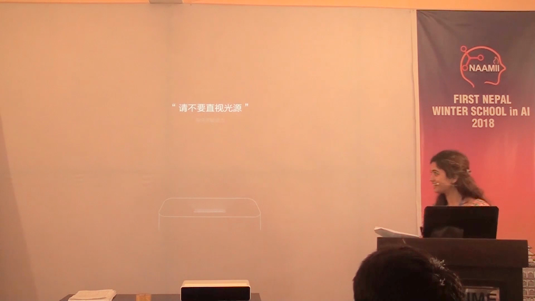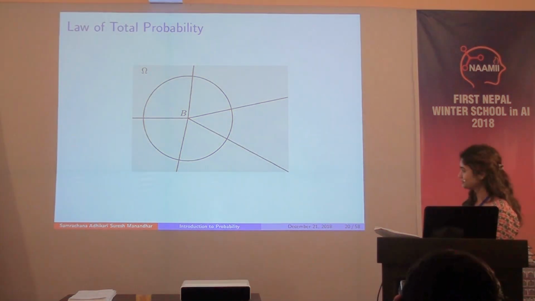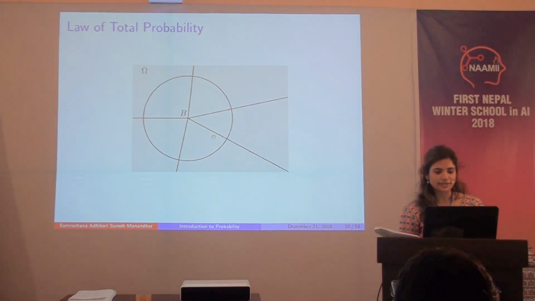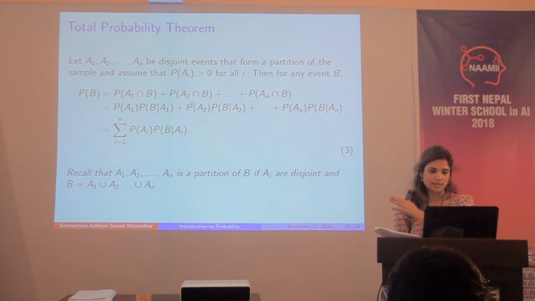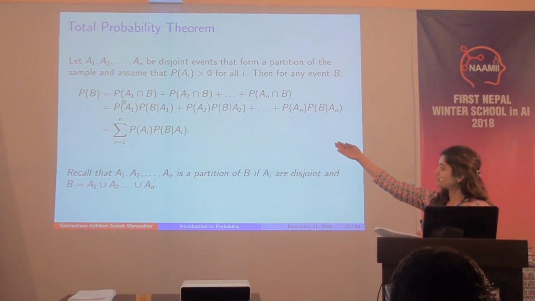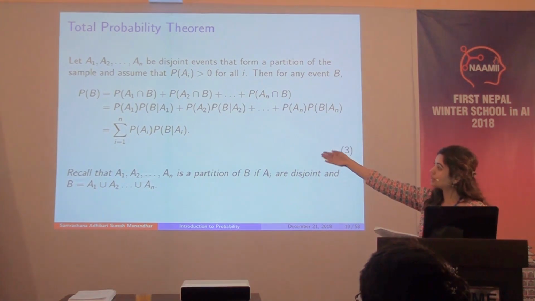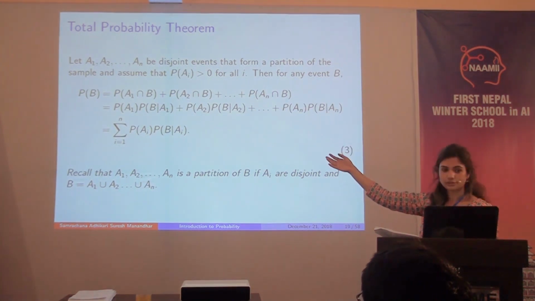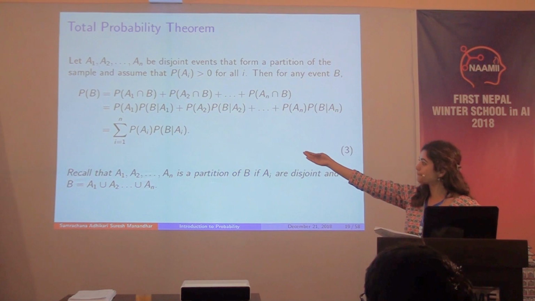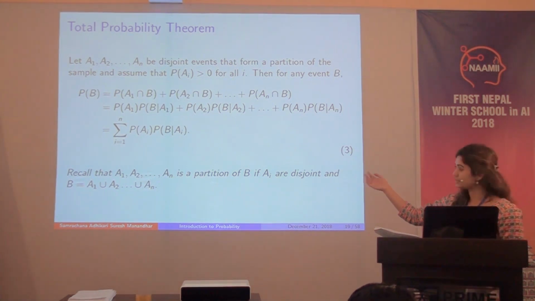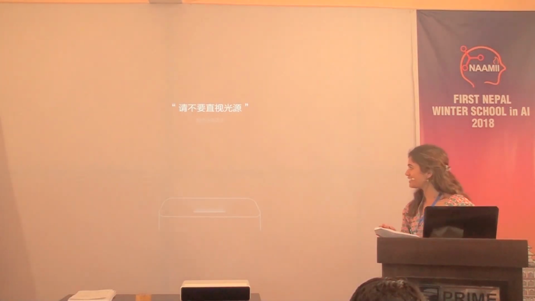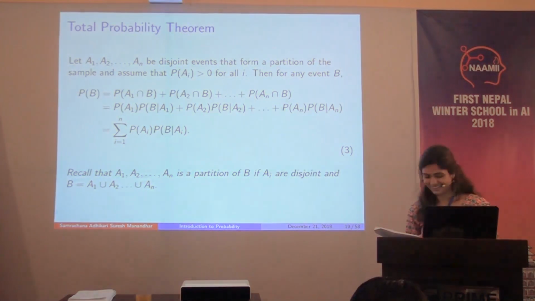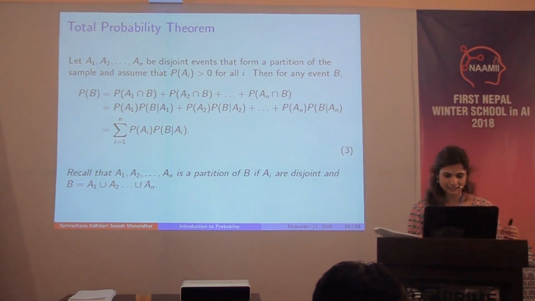Then the probability of getting B could also just be written as the sum of A1 and B, A2 and B, up to An and B. And then we can start thinking about writing that joint distribution as the conditional distribution times the marginal of each of those events. And we can finally write it as a sum. So this, again, is the law of total probability.